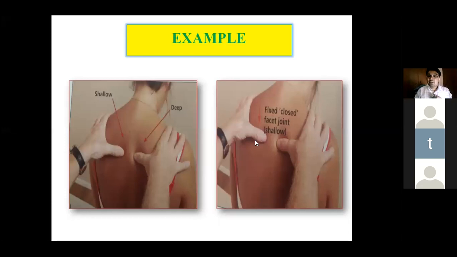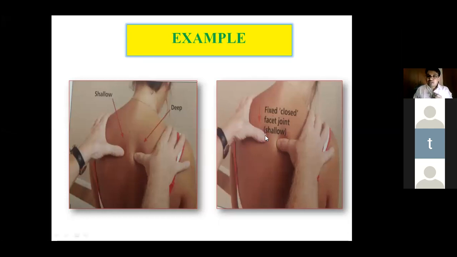Asymmetry has increased as compared to the last picture. So it means what? यदि फ्लेक्शन स्पाइनल वर्टिब्रा के फ्लेक्शन में एसिमेट्री बढ़ जाती है, it means what?